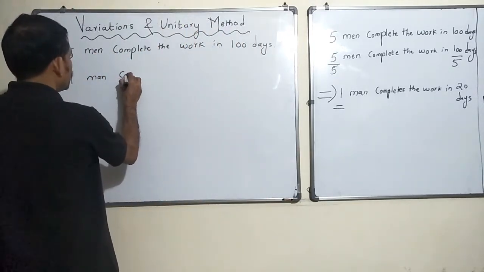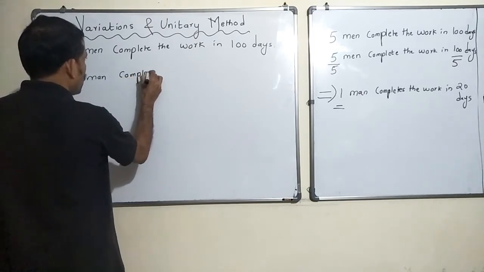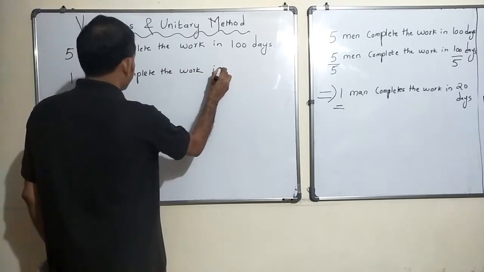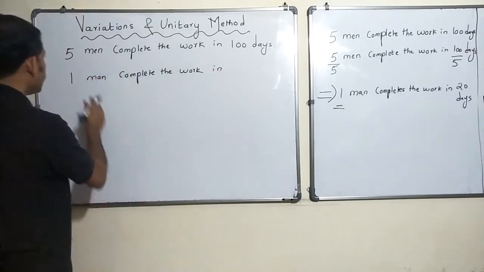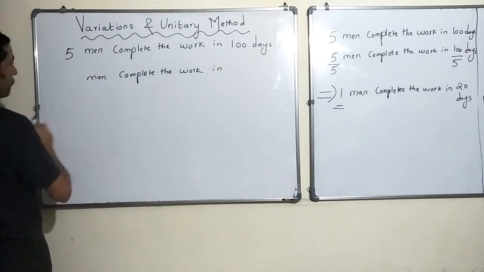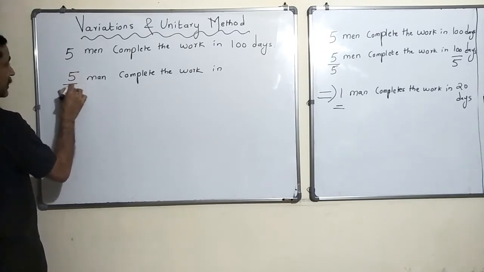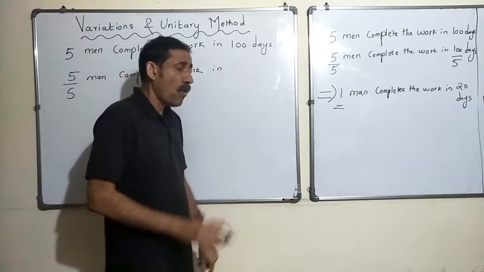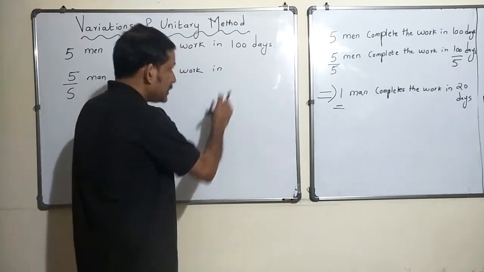So sometimes when you divide the left hand side by 5, it's not necessary that the right hand side also needs to be divided by 5.